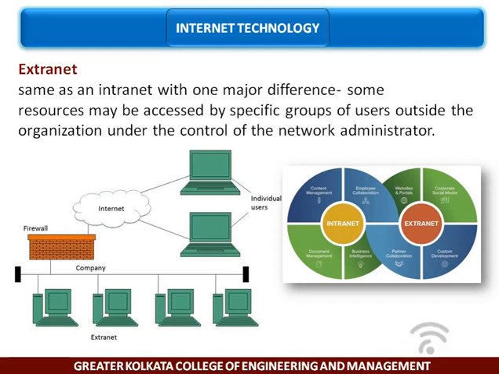Only the network administrator can control it. For example, an organization may allow authorized customers access to product specification, availability, and online ordering. A university or a college can allow distance learning, student access to online classes also. And if you would like to access all these things, you need to put in passwords that will be checked.